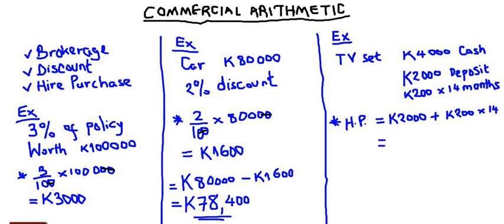So this gives us 2,000 kwacha plus 2,800. So the total hire purchase price is 4,800.